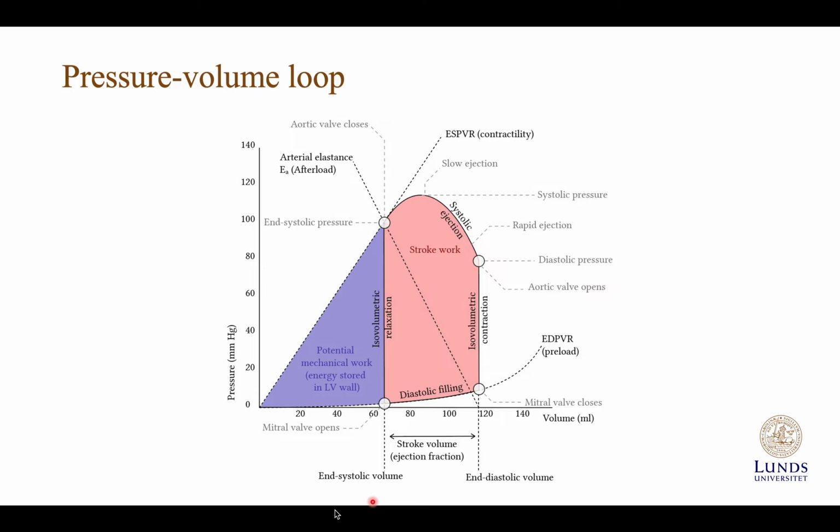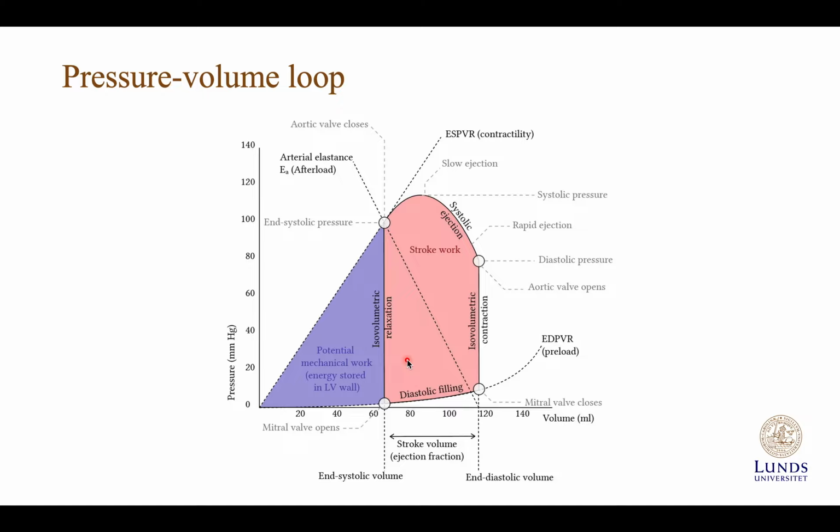And as said before, it would mean a higher level of end-systolic volume, lower level of stroke volume, and a smaller amount of stroke work. That is to say, useful energy.